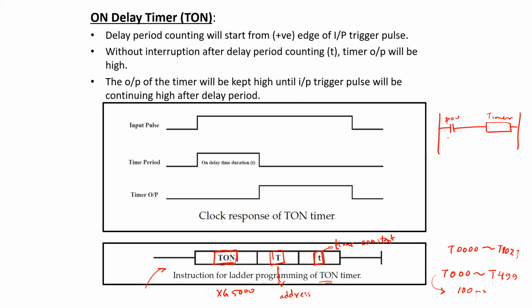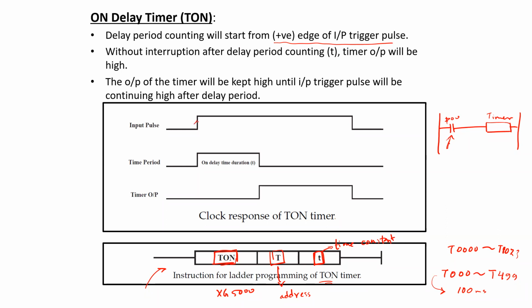When they receive some input pulse, in terms of the closing or opening of the contacts, the timer starts its operation. For the on delay timer, there is some input triggering pulse, let's say the input contact is having a transition from low to high.